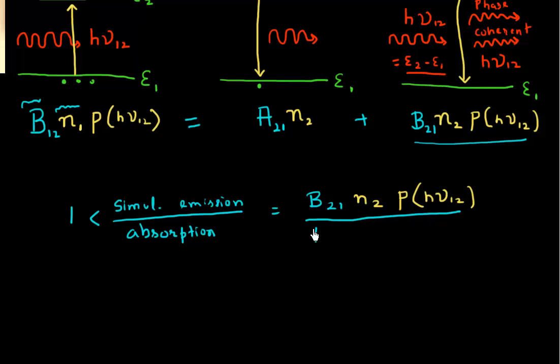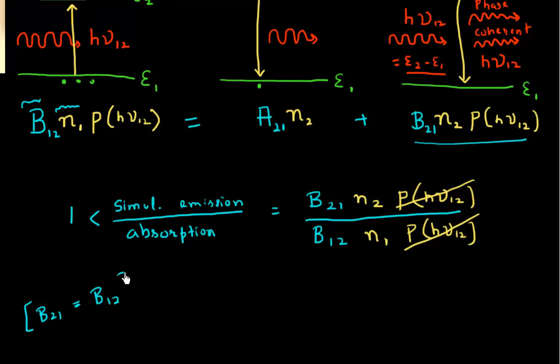So this flux of photons cancels out from the denominator and the numerator. And he further said that B21 is equivalent to B12, and so these two terms also cancel out.